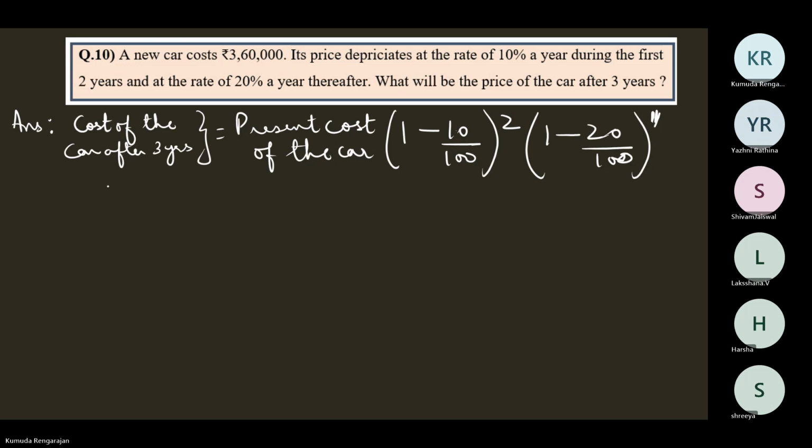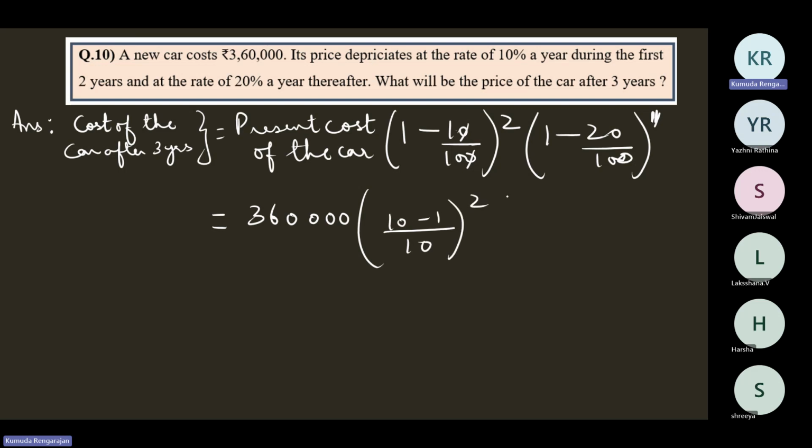So the cost of the car after 3 years will be 3,60,000 into, simplify this one, 0 and 0 get cancelled. So you can take the LCM 10, 10 minus 1, the whole square, into, here 0 and 0 cancel, 5 is the common denominator, 5 minus 1 to the power 1.